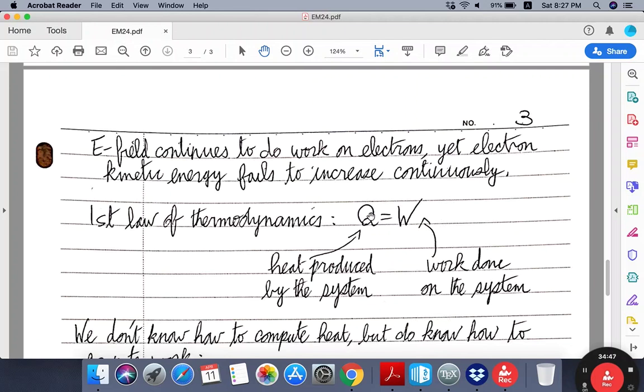So in this seemingly simple process in which the electric field drives the electrons and creates a current flow, what happens is that the electric field obviously continues to do work on the electrons, because electrons move in the direction parallel to the electric field, and therefore the motion is taking place along the direction of the electric force.